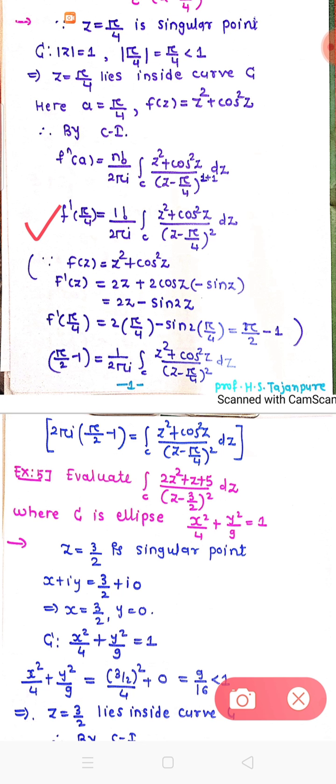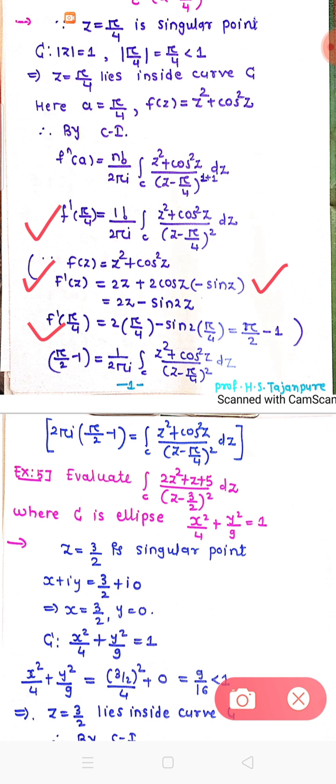Now to calculate f dash of pi by 4, since your f of z is z square plus cos square z, let us differentiate it. On differentiating you will get 2z minus sine 2z, and now you replace z by pi by 4.